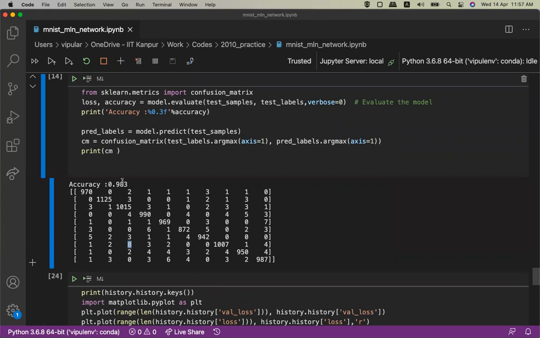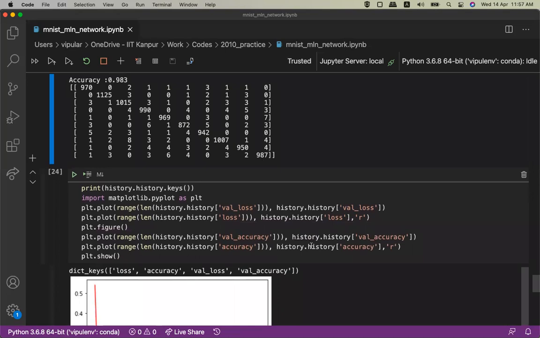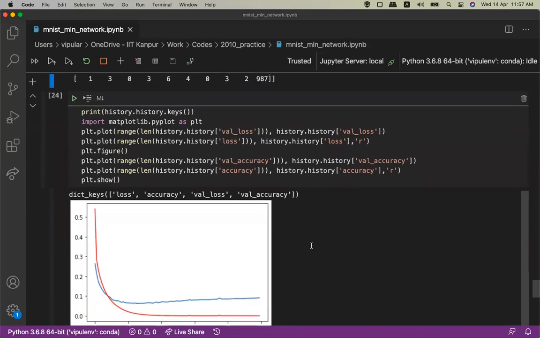Even if these numbers were non-zero, they would be small numbers. But these numbers are large, and there is some consistency with our expectation. We expected that these should not confuse, but these can confuse, and we find that yes, they are actually confusing. This way we can see our data.